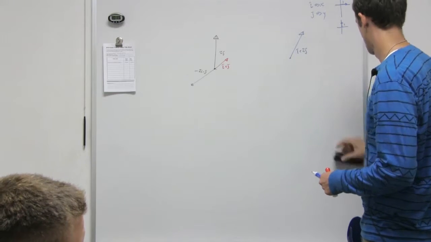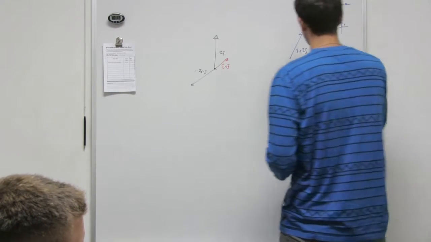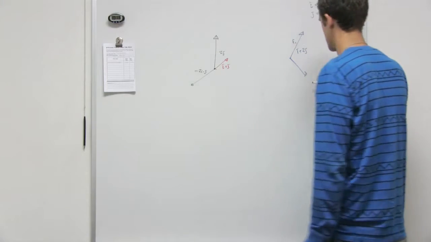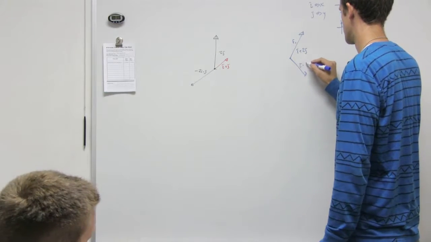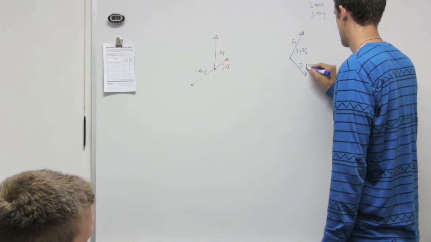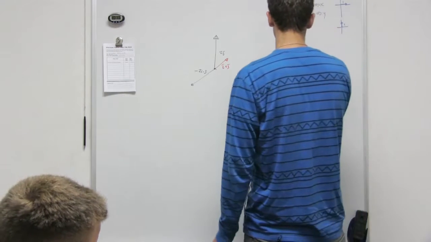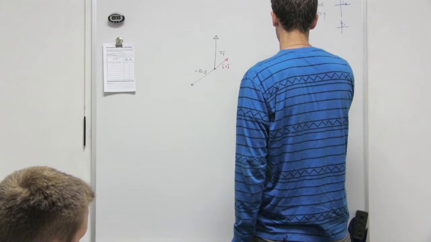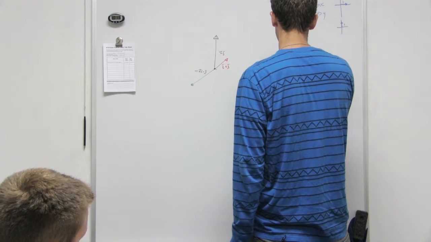Gotcha. So say this was f1, and f2 was i minus 1.5j, and then f3 was something like negative 2i minus j.